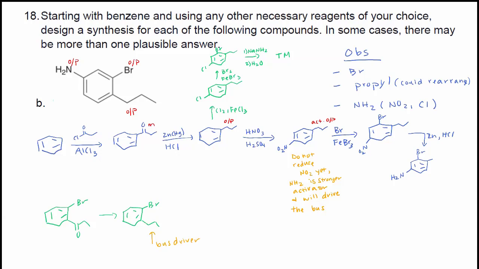So at this point, if you added the nitro group, that one would go para. All right, any questions there?